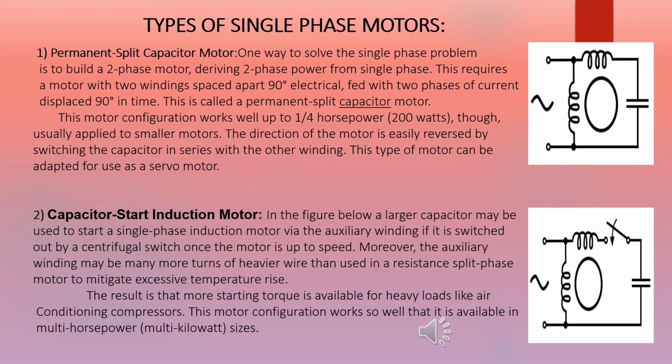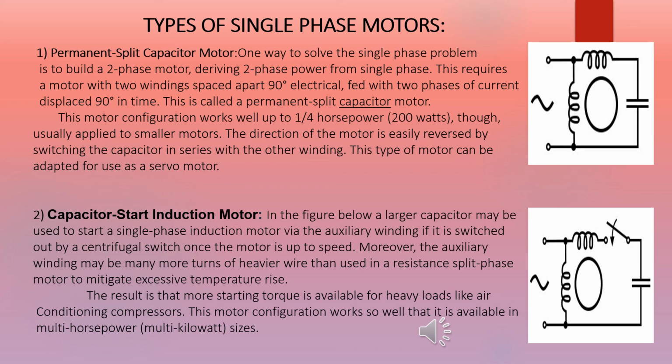Direction for this motor can be easily reversed by switching the capacitor in series with the other winding. The main use for this permanent split capacitor motor is as a servo motor.